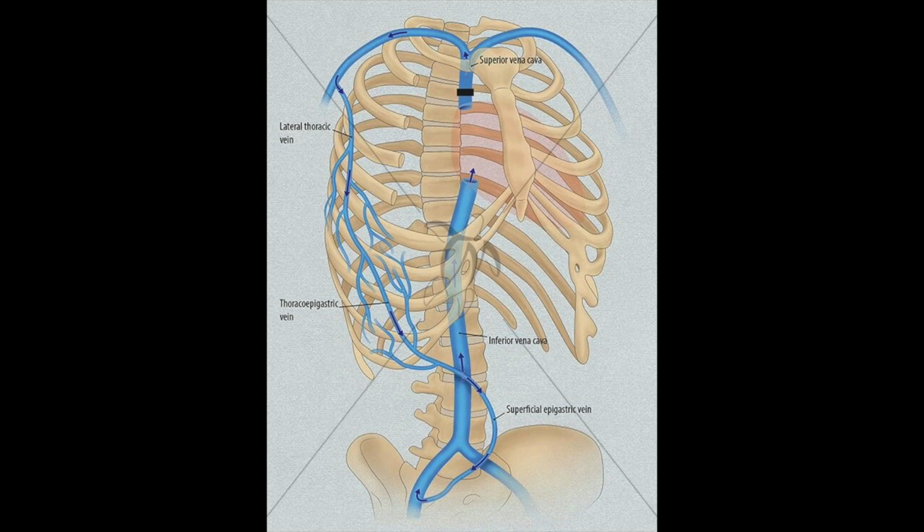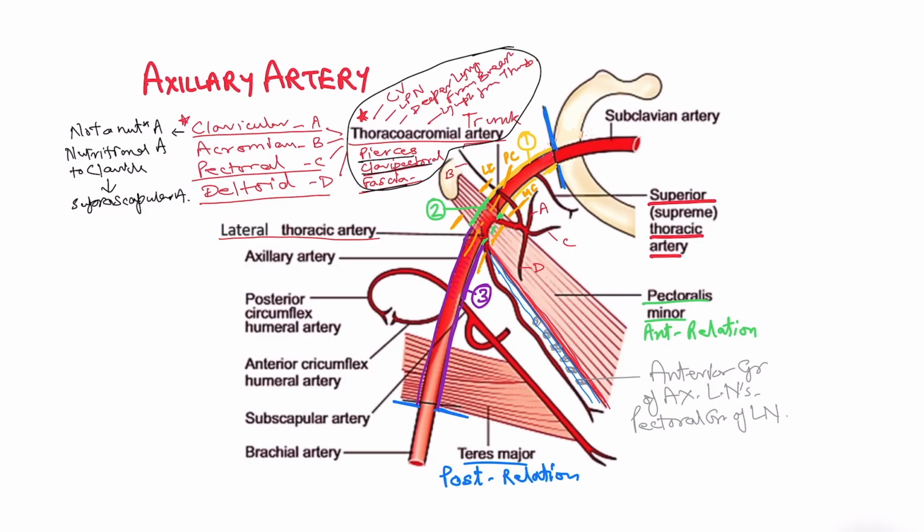So from the superficial inferior epigastric vein to the lateral thoracic vein, there is a communicating vein, and that is called thoraco-epigastric vein. So that channel dilates up for a parallel bypass circulation in case of SVC or IVC obstruction. So don't forget the important points about this vein. This is the lateral thoracic vein.